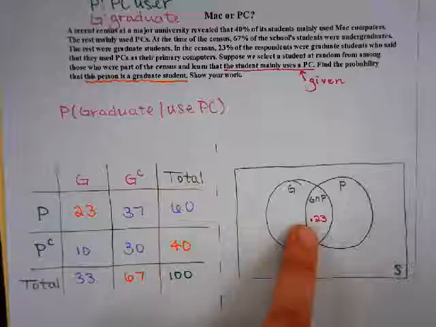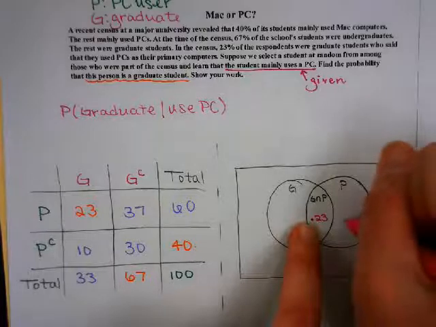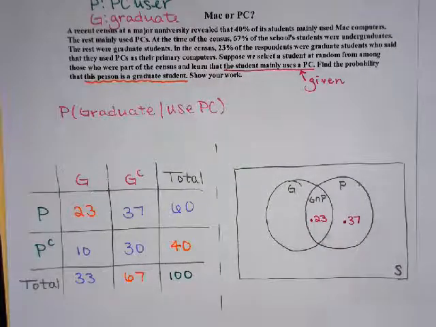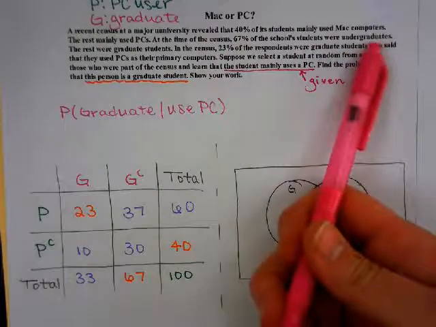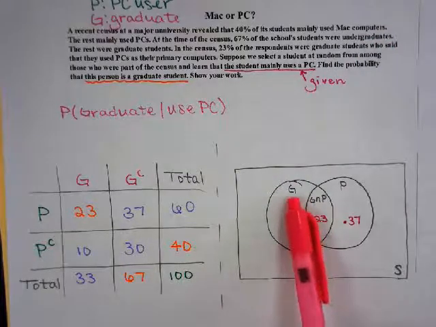Then we're told 67% are undergraduates, but we want to know what are graduates. So we would take 100 minus 67, which is 33, but we already have 23% of them.